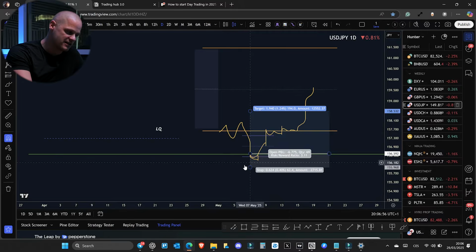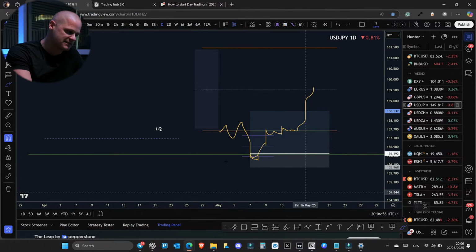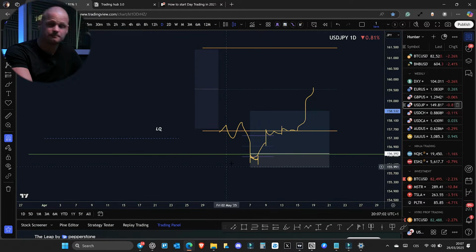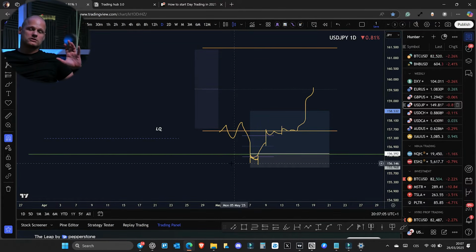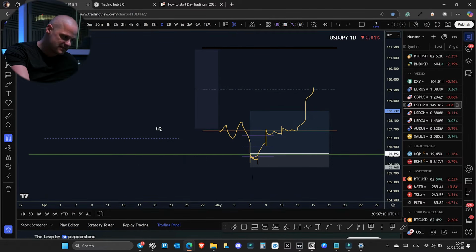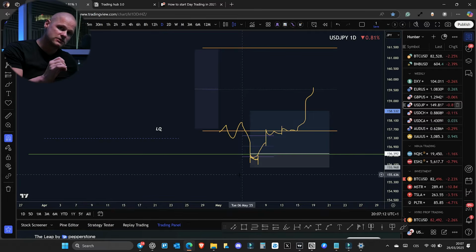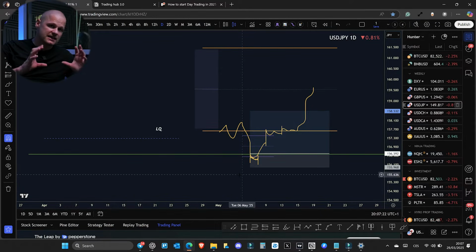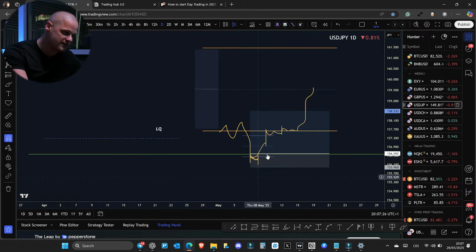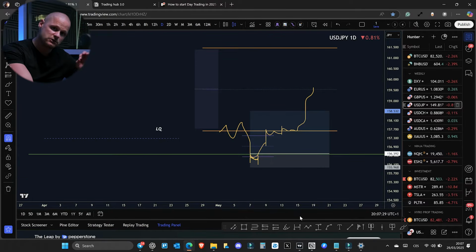So I will be entering in here and placing my stop below that manipulation, right? Why would my stop loss be safe in there? Because when this move down happened, most likely traders were trapped in the short, because at a specific moment the candle created here on these lows was looking very bearish, right?